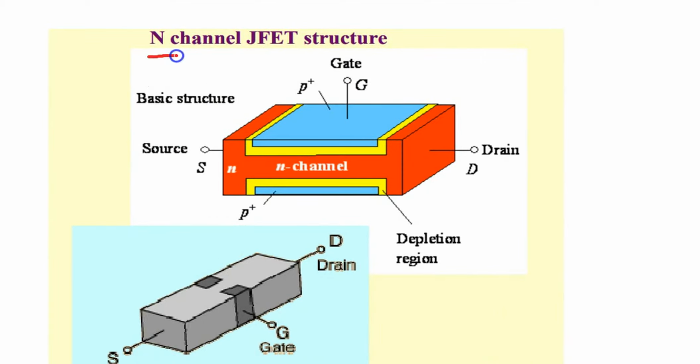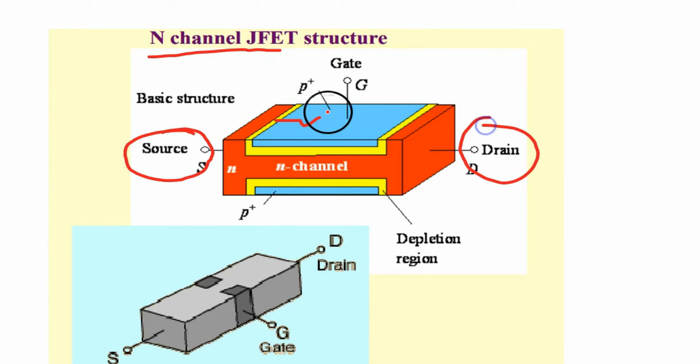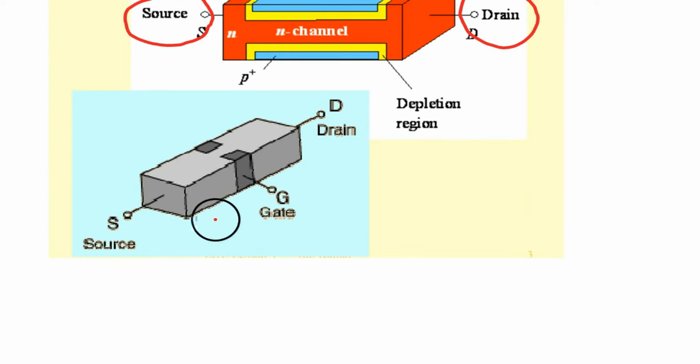Now here again, this is the N-channel FET. This is N-type semiconductor, the red one, and here this is P, this is P, this is the gate, and the source terminal, drain terminal, and the gate terminal. Again the three-dimensional view, source, drain, and the gate. Gate is all around the bar.